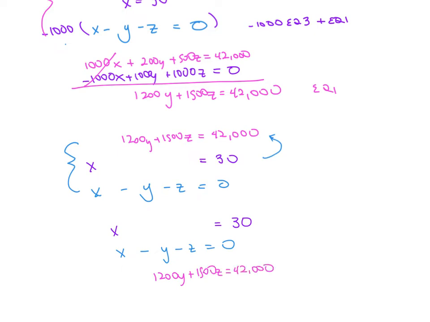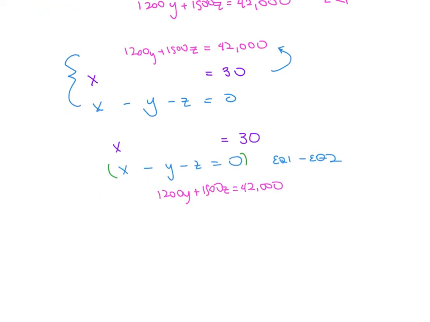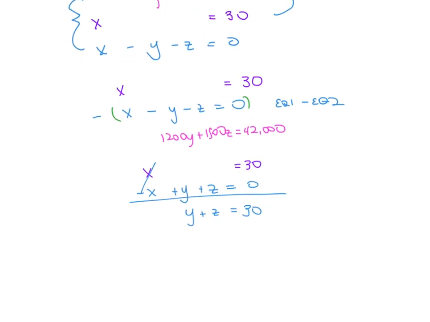So what we want to do is get rid of the x in equation 2. In order to do that, I am going to take equation 1 and then subtract equation 2. So essentially I'm going to multiply by a negative at the bottom. So x equals 30, and then distribute a negative. Negative x plus y plus z equals 0. Add them together. We get y plus z equals 30.